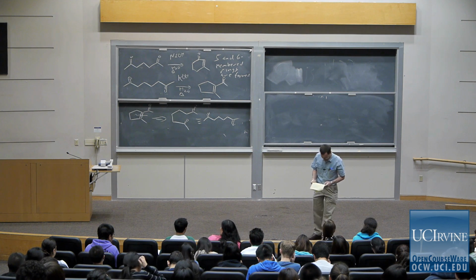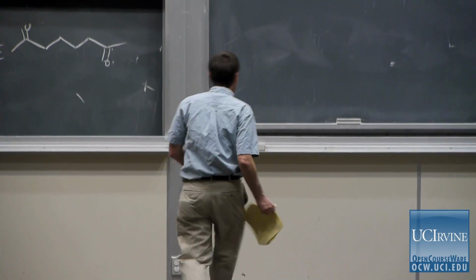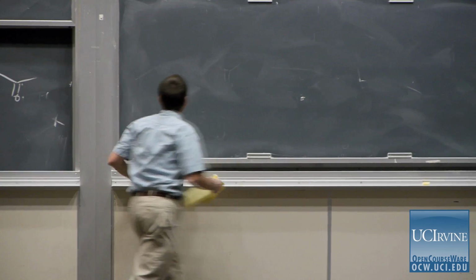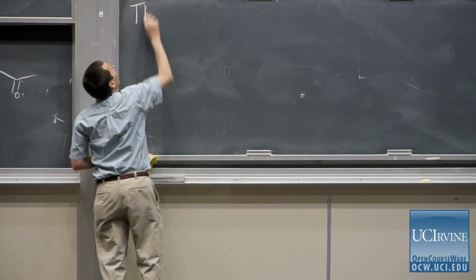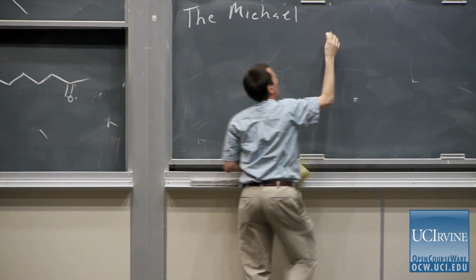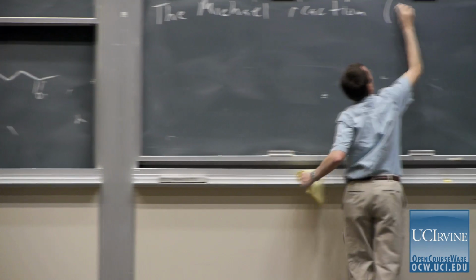It's really pretty cool. All right, this brings me to the second topic I wanted to talk about, the Michael addition. The textbook calls it the Michael reaction. You'll hear it referred to both ways.